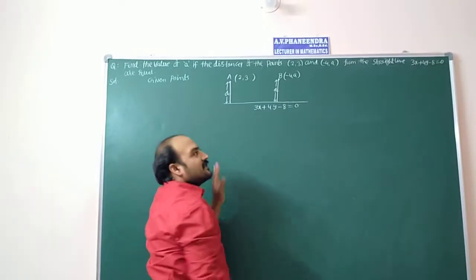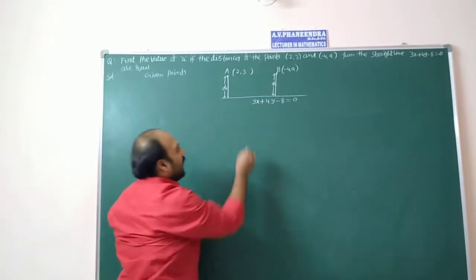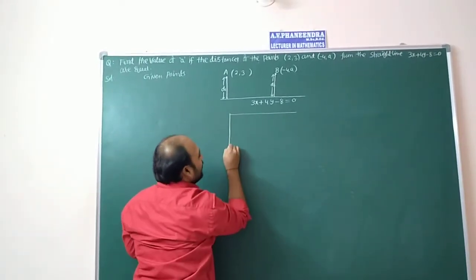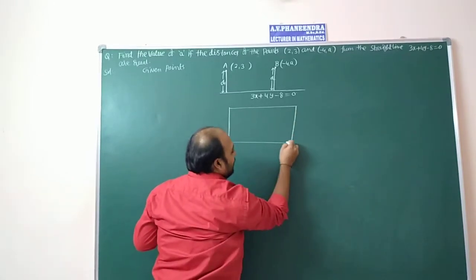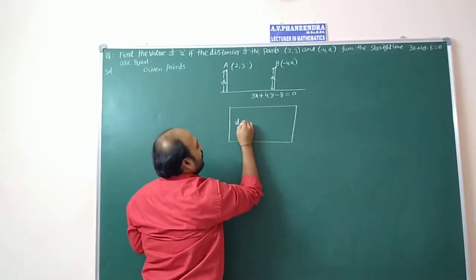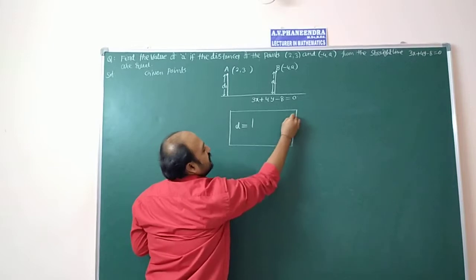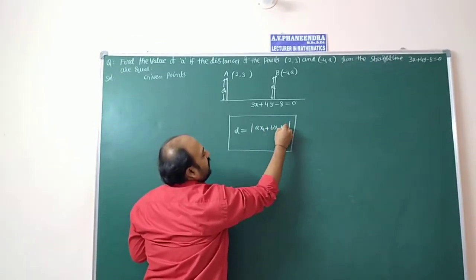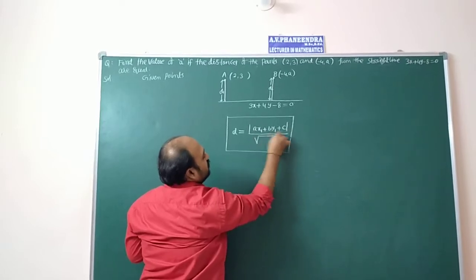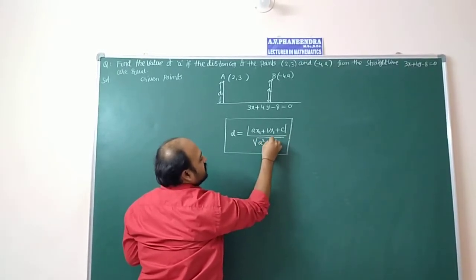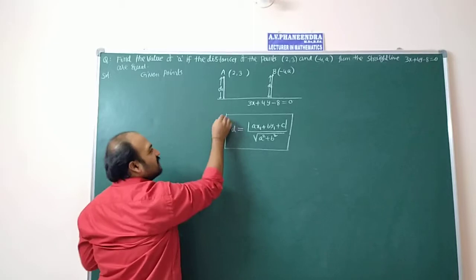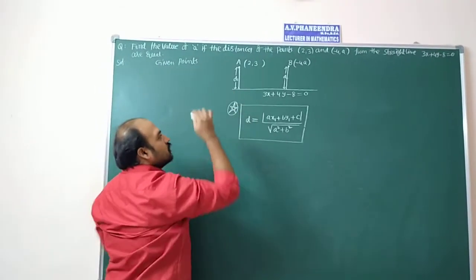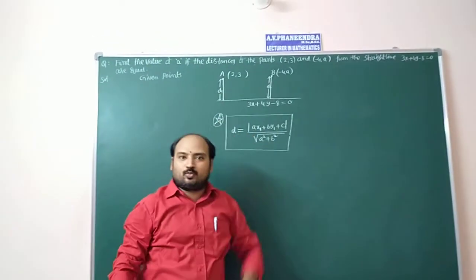These two distances are equal. We have one important formula regarding calculating the perpendicular length. The length of perpendicular from a point to the line is equal to mod of ax1 plus by1 plus c by root of x coefficient whole square plus y coefficient whole square. This formula I am going to apply here to get the values of d1 and d2.